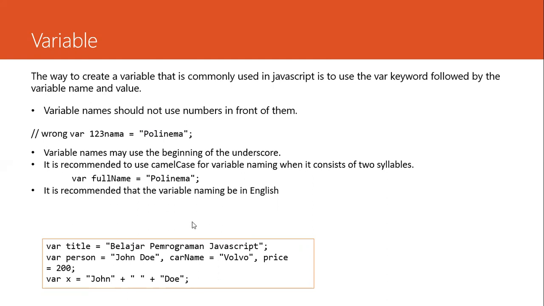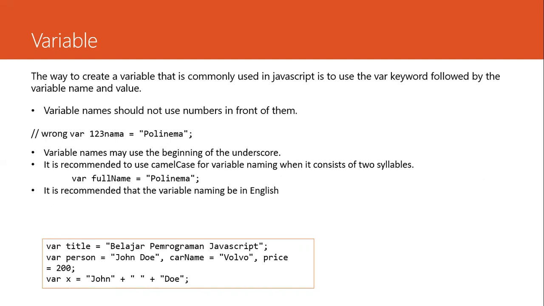So this is the example: I have 1, 2, 3 and then nama, or name, like this. You cannot do something like this. If you want to make a variable, you can put the number behind. So I can make variables like class1, class2, but not 1class, 2class.